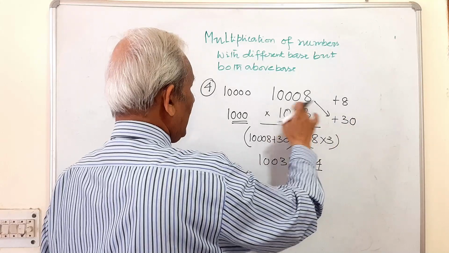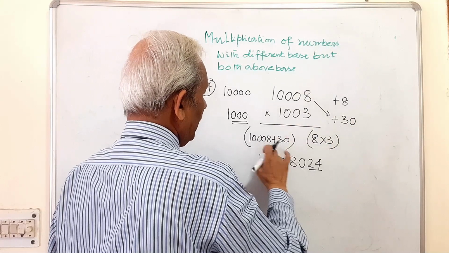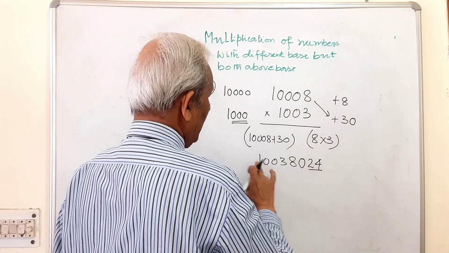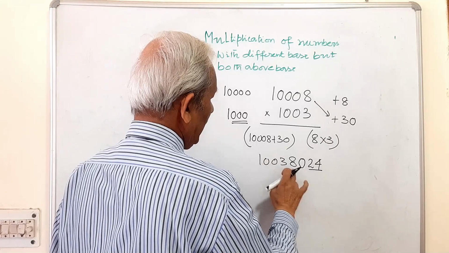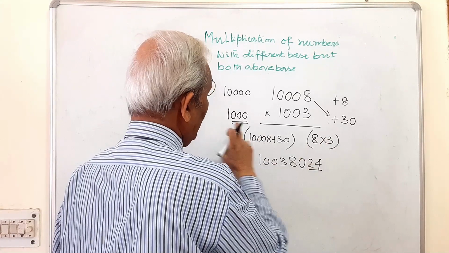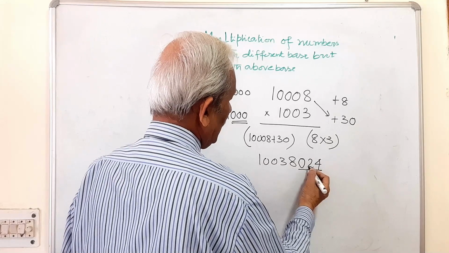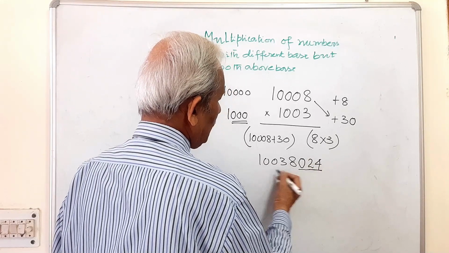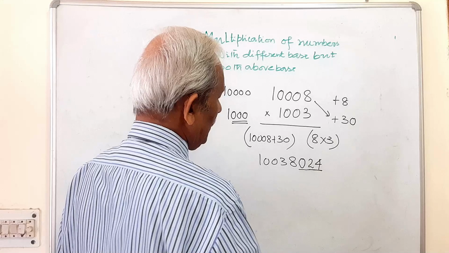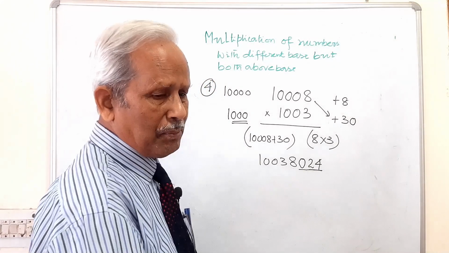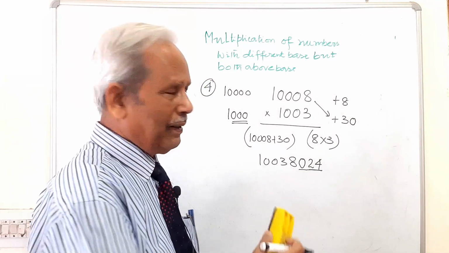And then add this bigger number with this difference 30. It becomes 10038, and 3 8s are 24. There are 3 zeros here, so we will have to have 3 digits here. So write 24 here and 1 0 extra to make 3. The answer is 10038,024. Things are very simple. I hope you have understood it.